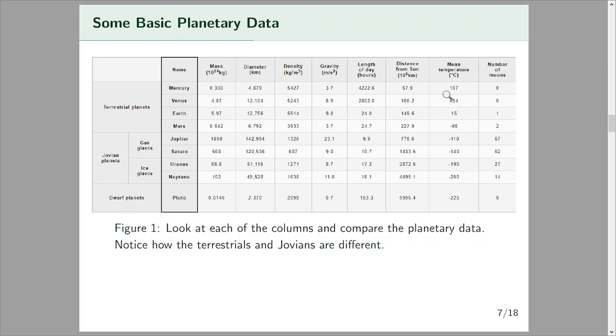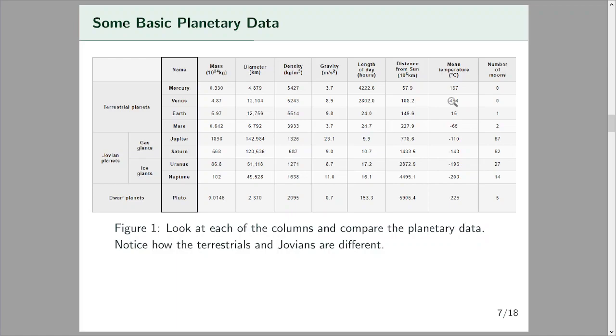But look at Venus. Venus is at 464 Celsius. That's about 860 degrees Fahrenheit, which is way hotter than the temperature of burning wood. Burning wood burns at about 450 degrees Fahrenheit. And so this is a very high temperature. Venus is actually hotter than Mercury, even though it's farther from the sun.